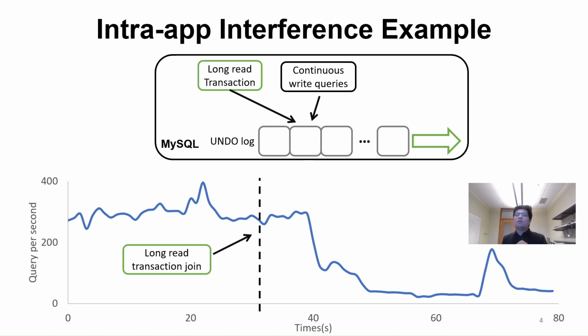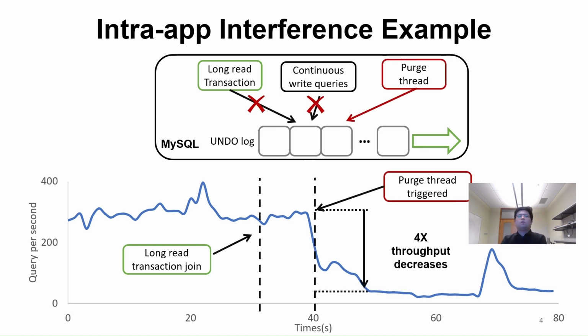When a read transaction completes, it triggers the purge thread to clean up the old undo log entries. This cleanup process, while not due to any inherent design flaw in the undo log itself, creates resource contention within the undo log. This contention, in turn, leads to performance interference on the write query.